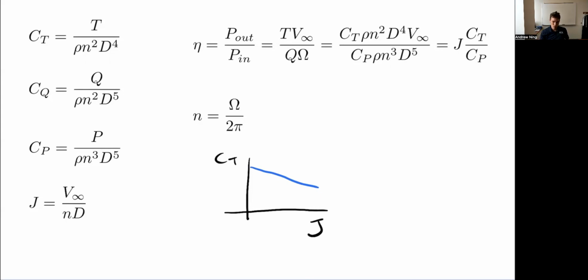So that's a typical quantity that I would plot these thrust, torque, and power coefficients as a function of, and maybe my efficiency. So I want to see how my efficiency varies with advance ratio. Again, this is an important thing to look at as opposed to just speed, because speed doesn't tell me anything. It's not my rotation speed that matters. It's my rotation speed relative to how fast I'm flying, right? It's that advance ratio that's going to determine my efficiency, not just purely rotation.